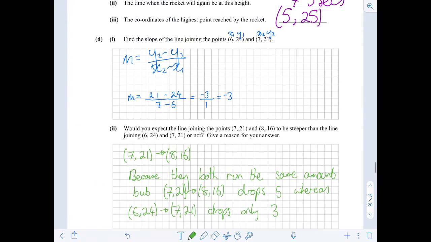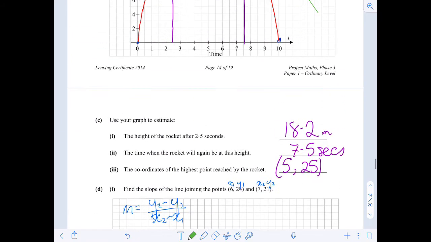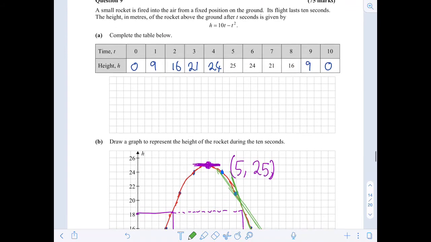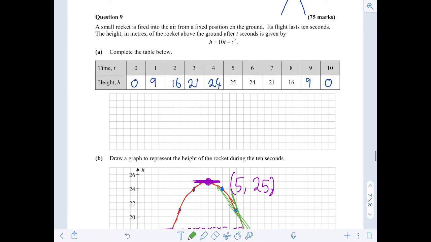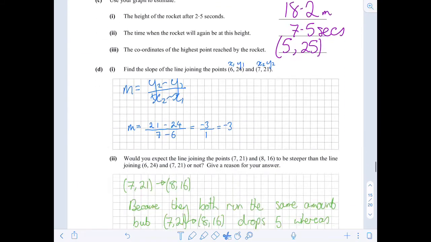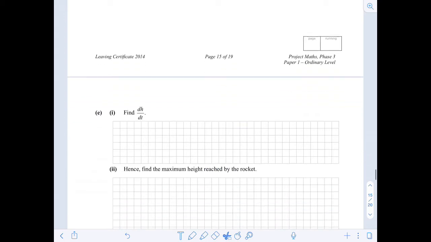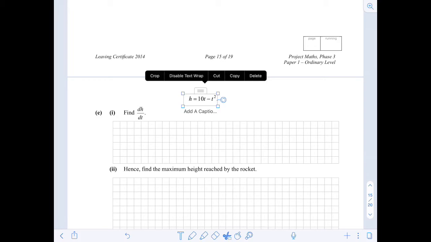Find dH/dt. So what am I going to do here? There's H up there. I'll try and grab him somehow and push him back in there. So H is equal to this guy here, and we want to find dH/dt.